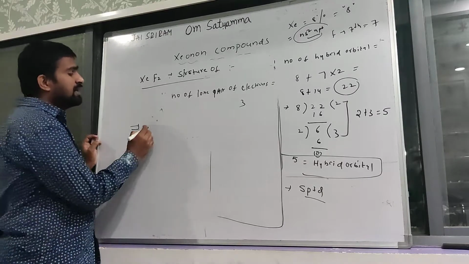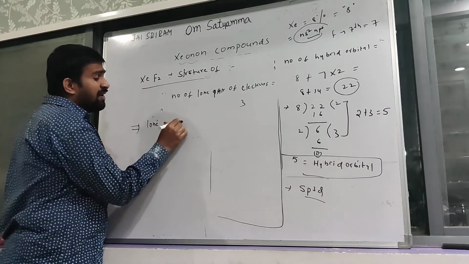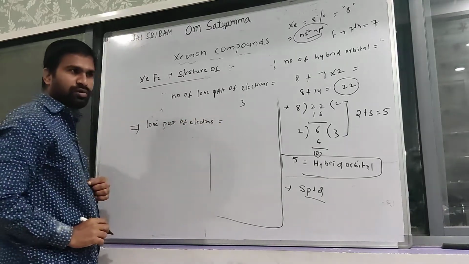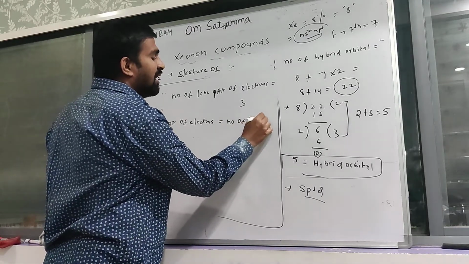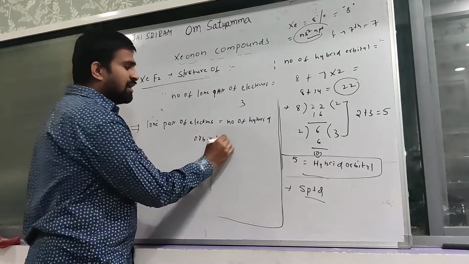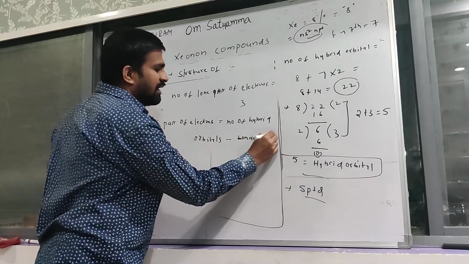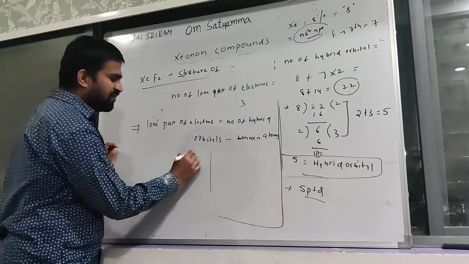Lone pairs of electrons is equal to the number of hybrid orbitals minus the bonded atoms. Already you know that the number of hybrid orbitals in this compound is 5.